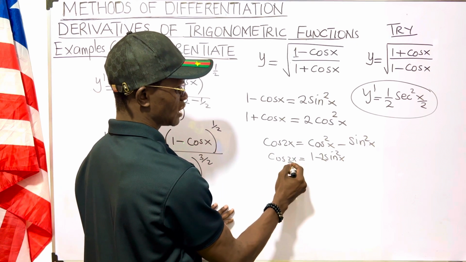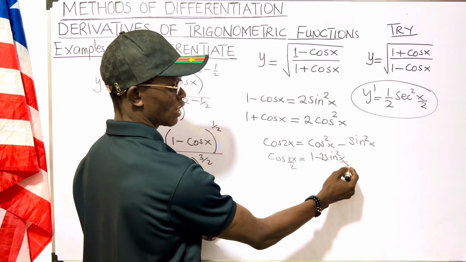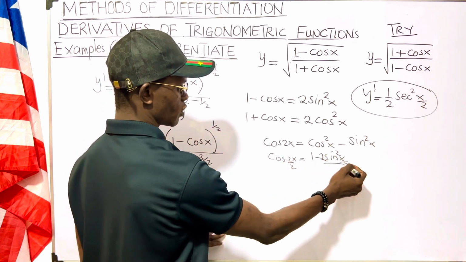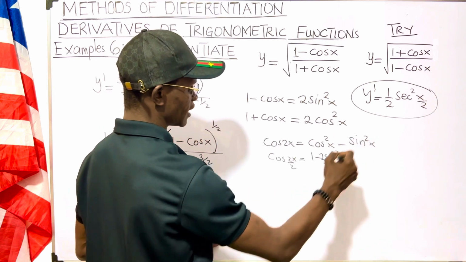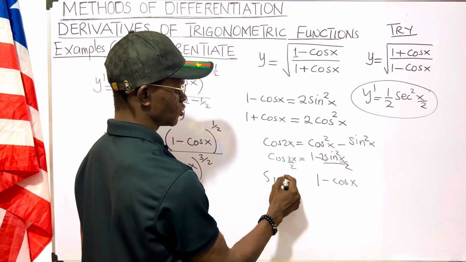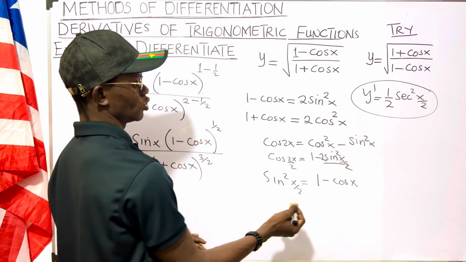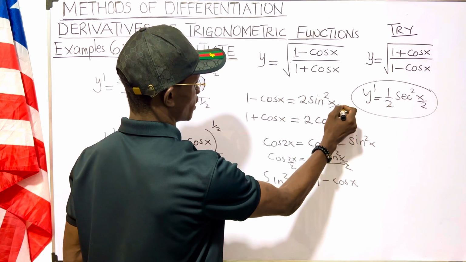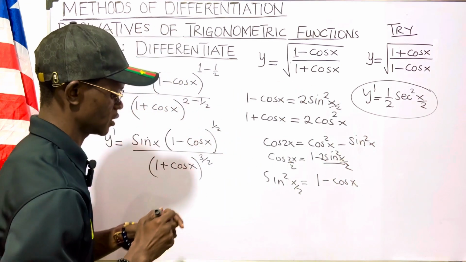If we divide all angles by 2, and then this one comes across, and this one goes on that side, it will be 1 minus cos of x, and this is 2 sine square x over 2. So 1 minus cos of x is 2 sine square x over 2. Okay, that one is correct.